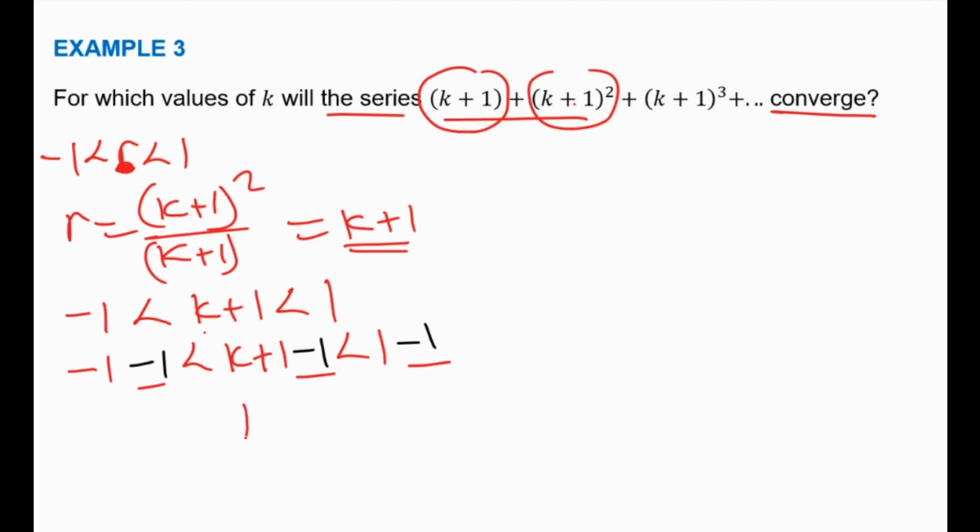So it's going to be k here, then -1 minus 1 is -2, and 1 minus 1 is 0. So for which values of k will this series converge? The series will converge when k is between -2 and 0.